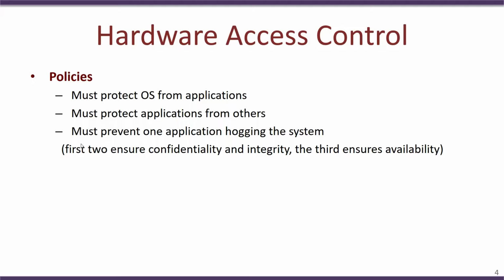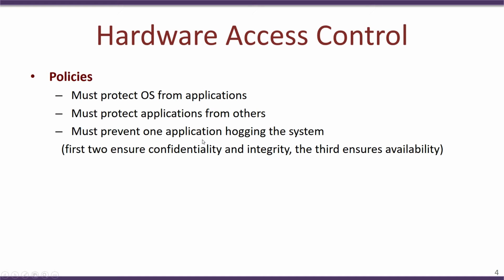Third, there should be policies to ensure that one application does not hog the entire system. The first and the second would ensure confidentiality and integrity. For example, the hardware provides mechanisms by which the applications cannot modify or view the OS executable and the OS code. On the other hand, the third mechanism ensures availability.